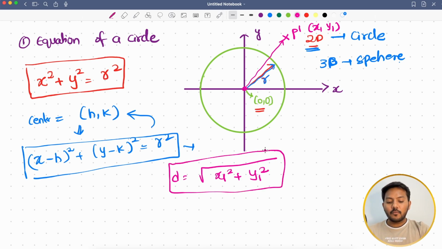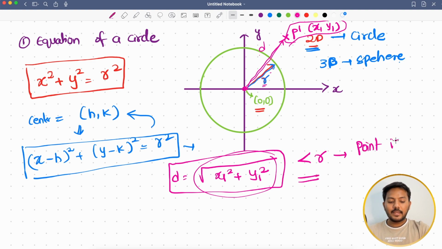If I want to observe whether this point is inside the circle or not, this distance d should be less than my r value. So if my distance d is less than r, that means my point is in the circle.